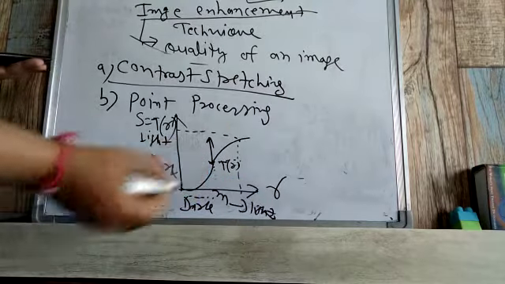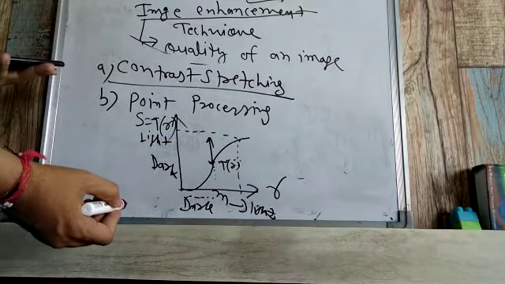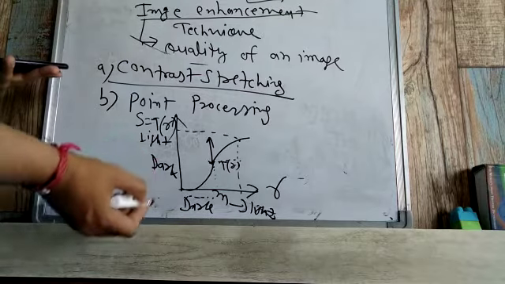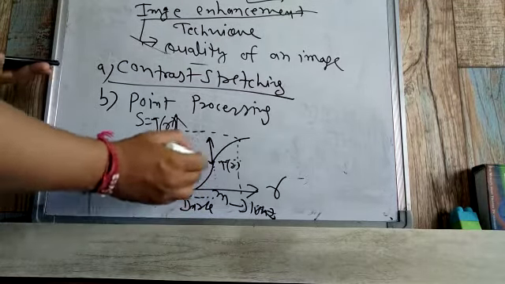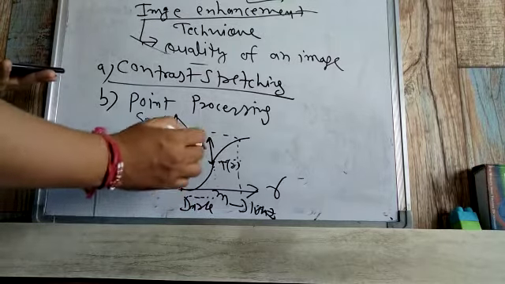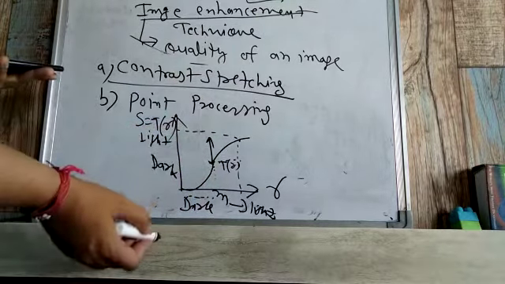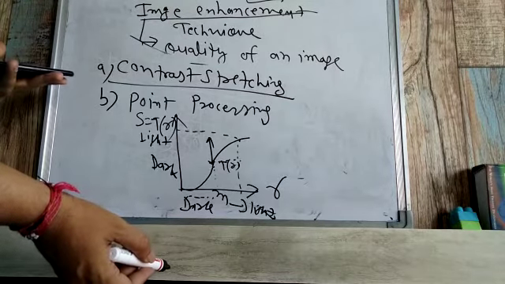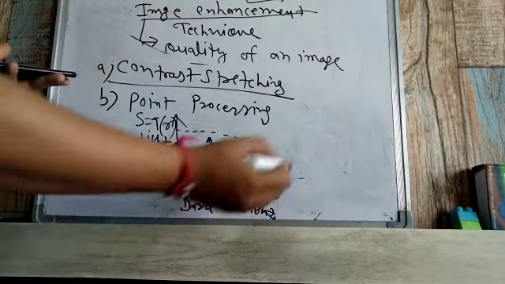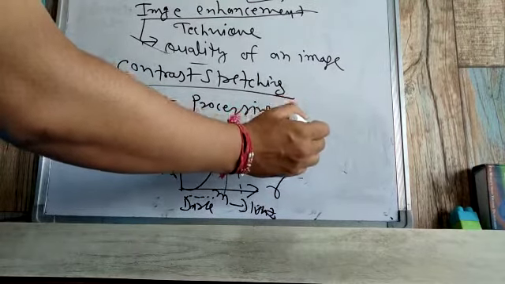So this is known as contrast stretching. You have a threshold value M, and based on M and by applying an operator, you get an image which may be lower or higher in contrast. The second kind of operation is point processing, where you are processing over a point.